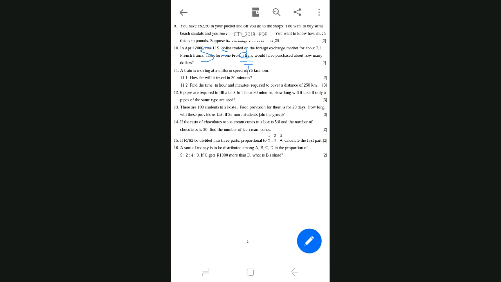And the speed still remains 75 kilometers per hour. Now our distance will be d, which we know to be 250 from the question, over time.